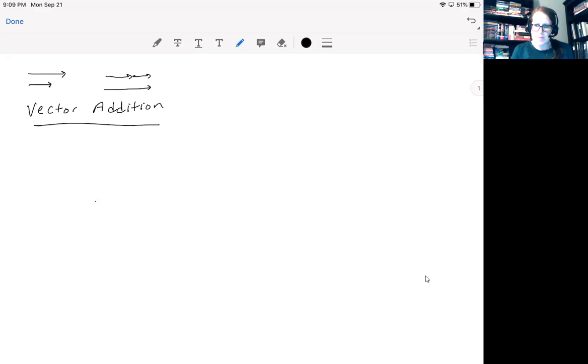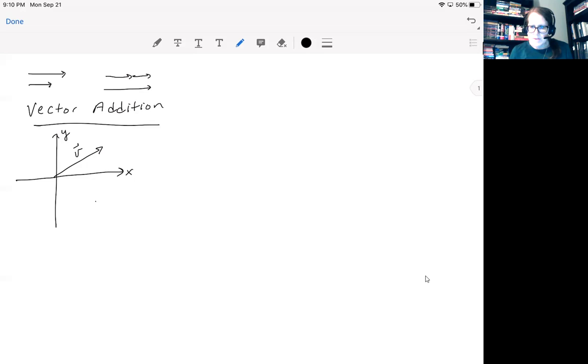So the way that you figure out components is you draw a coordinate system. So let's say we have an x direction and we have a y direction. And we have some kind of vector here, which I'm just going to label as a vector v.